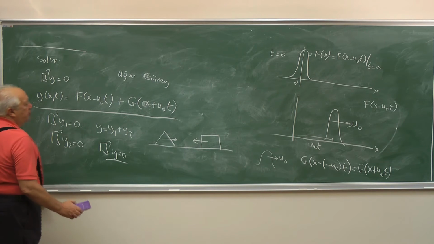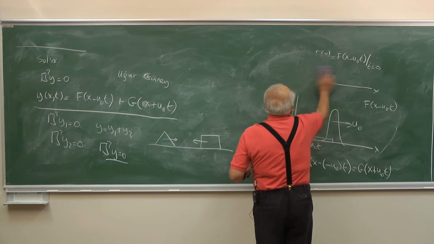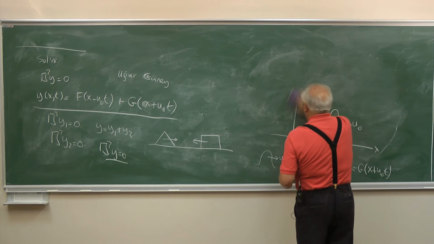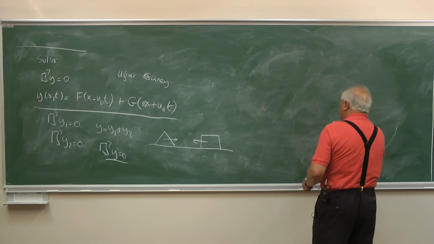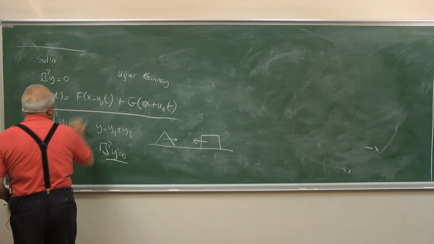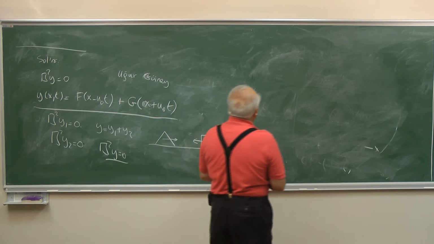All right. One of the important forms of the solutions is a harmonic solution of this equation. And since it is any function of x minus u0t, I'm considering a harmonic function that is moving to the right.